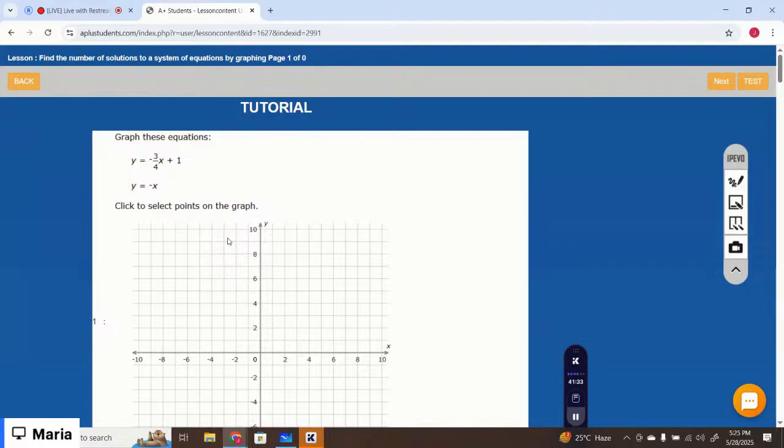Graph these equations: y equals negative 3 by 4x plus 1 and y equals negative x.